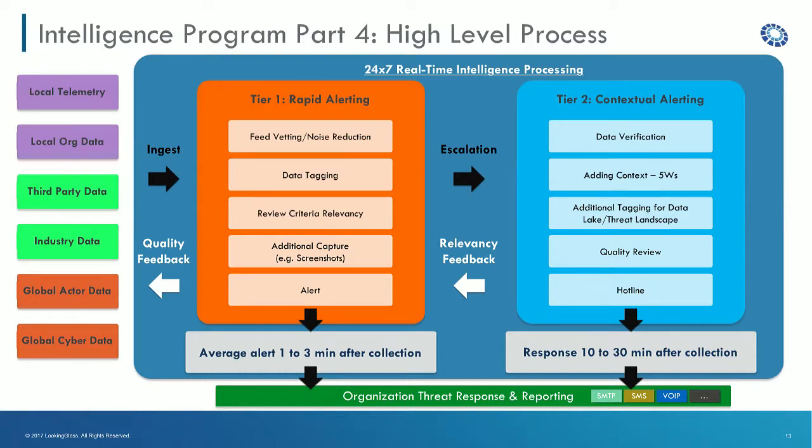The second tier is around providing a lot more context and being able to do cross-event correlation. So the ability to understand not just a single event or intelligence event, but to understand a sequence of events that may be showing a campaign or an emerging campaign by an actor or actors to target your organization or others.